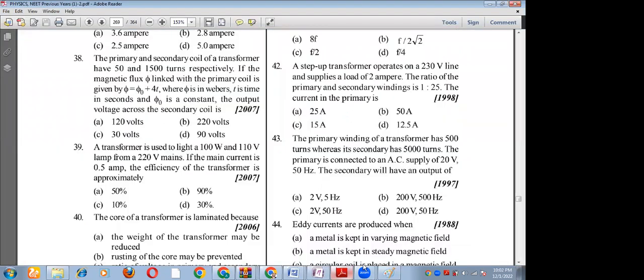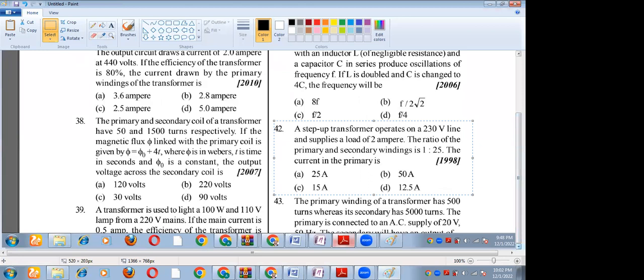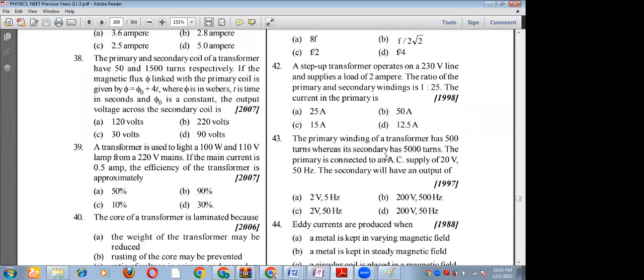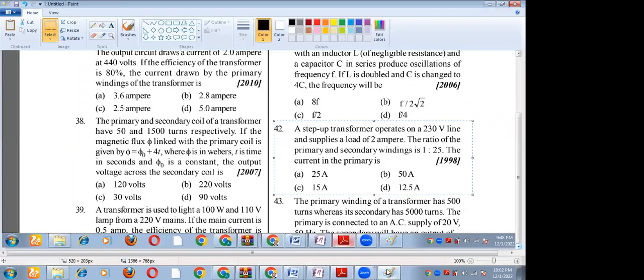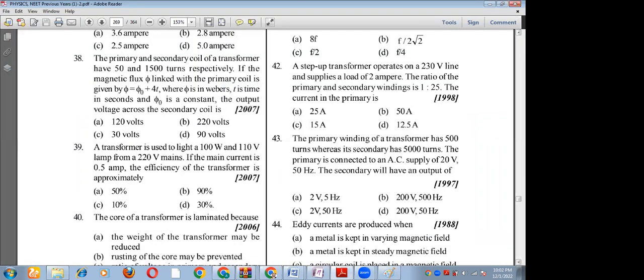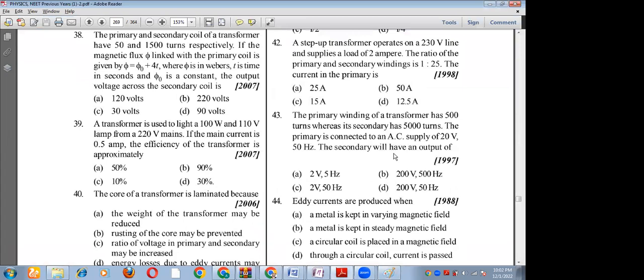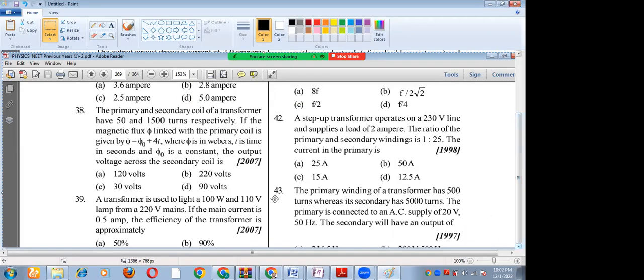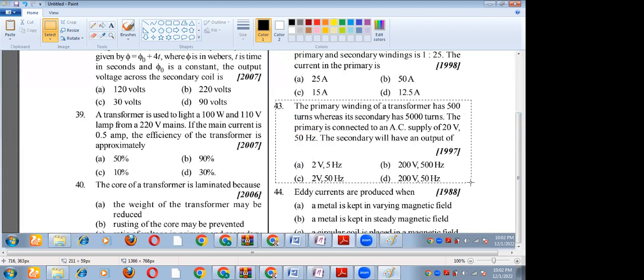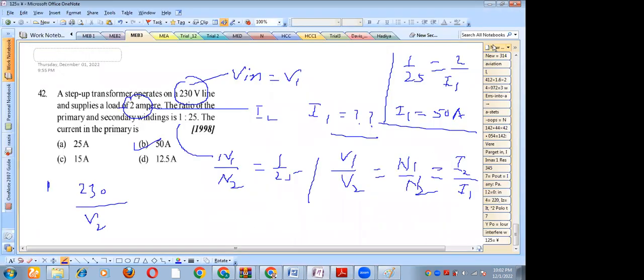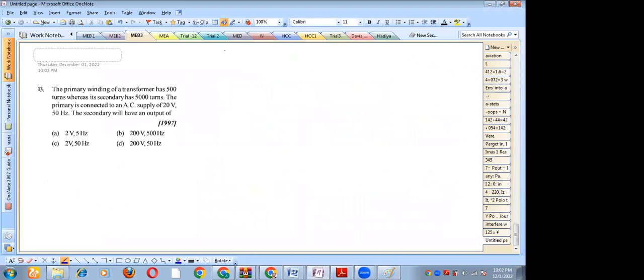So now we have to see question number 43 and 44. Try this question.